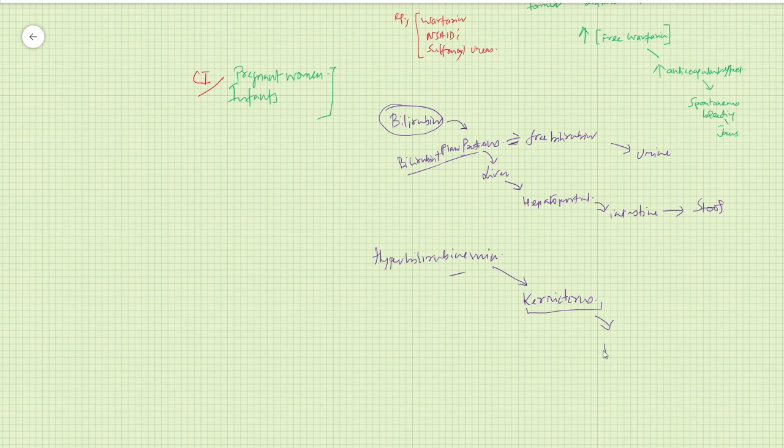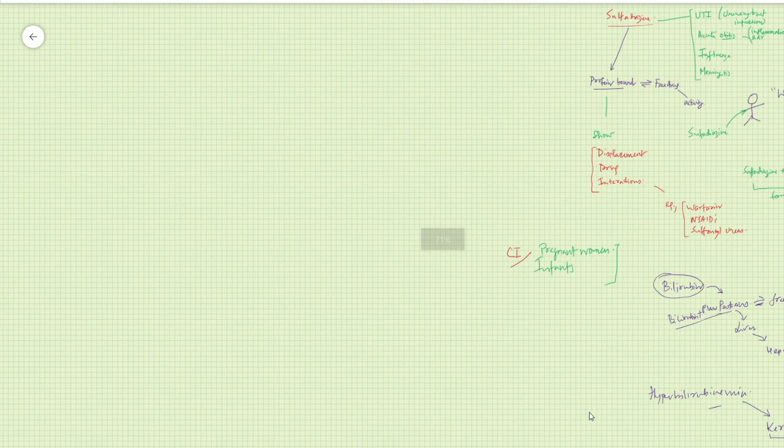There can be developmental abnormalities in the brain. Okay. Again, that is not a good outcome. So therefore, it is contraindicated. It is usually not prescribed to pregnant women or infants. Okay. So those are the most important things when we discuss the distribution of sulfonamides.